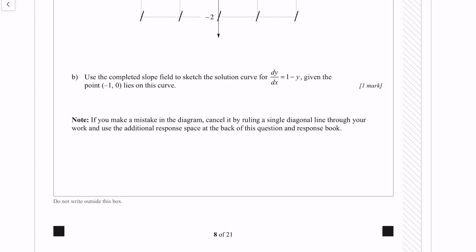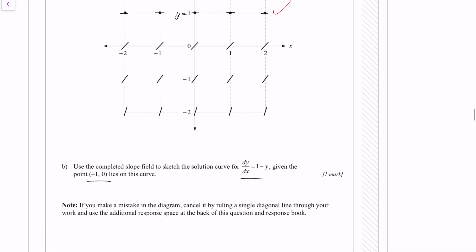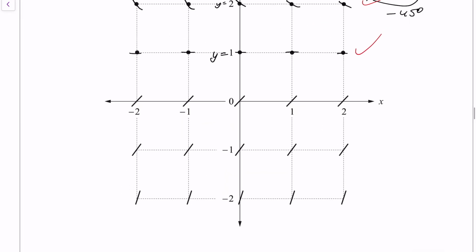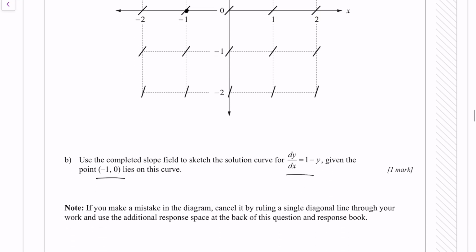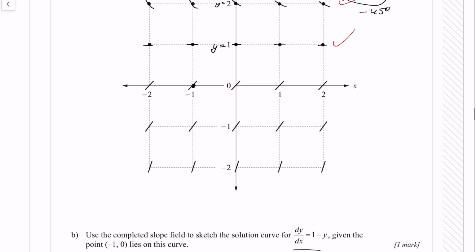Use the completed slope field to sketch the solution curve for dy/dx equals 1 minus y, given the point (-1, 0) lies on this curve. Okay, so what we can do is put the point (-1, 0) on our graph, and then think about how the line moves as we go through.